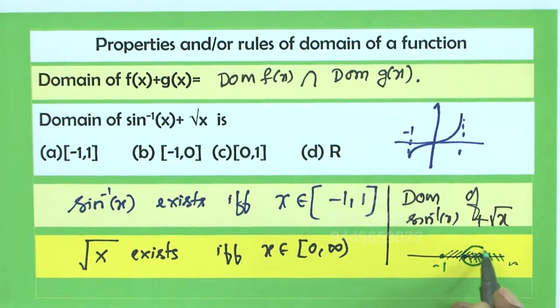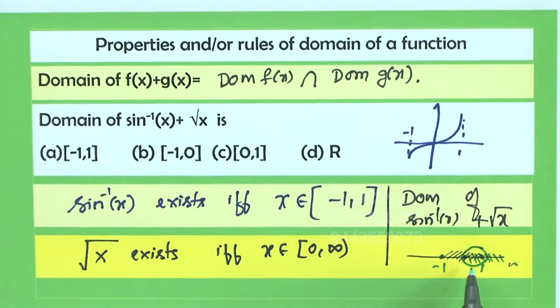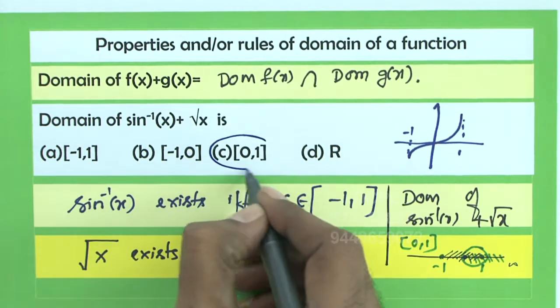You can see this is the intersection. It starts at 0, ends at 1. So, the domain of sine inverse of x plus root x is 0 to 1, including 0 and including 1. Therefore, option C is correct.